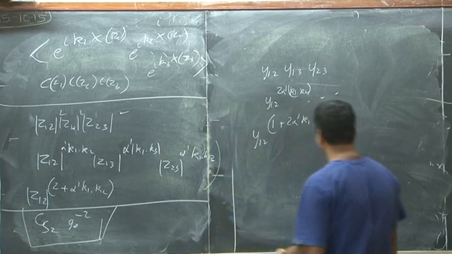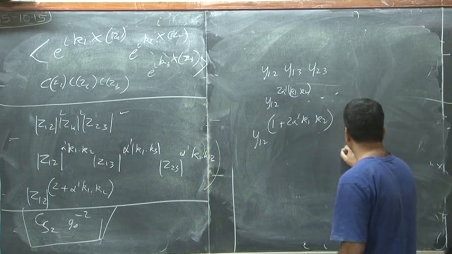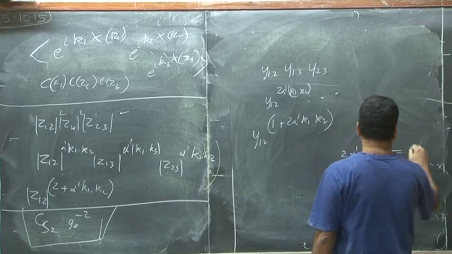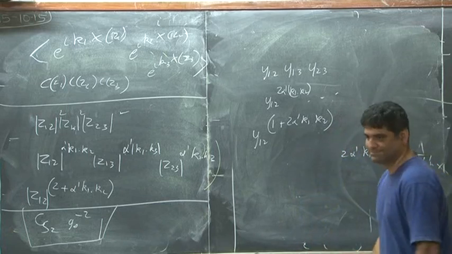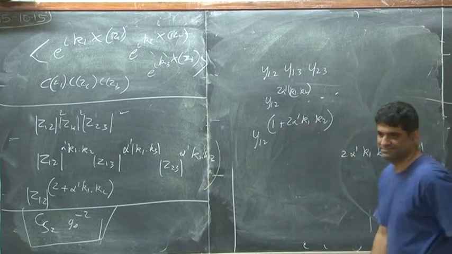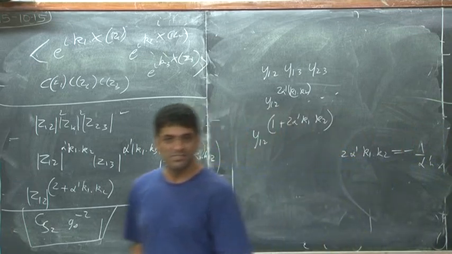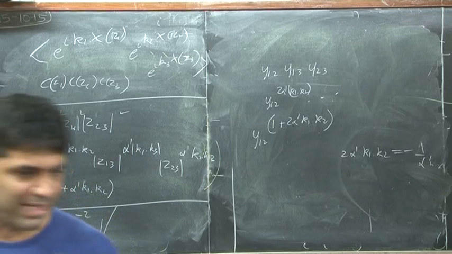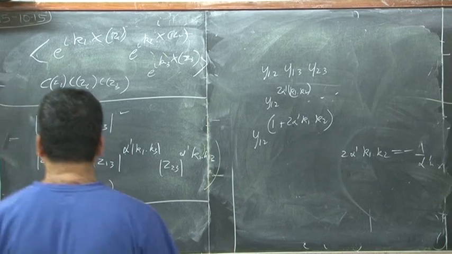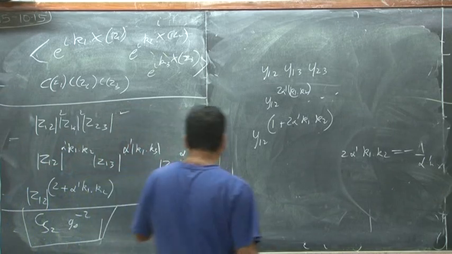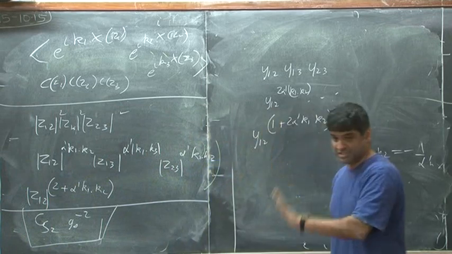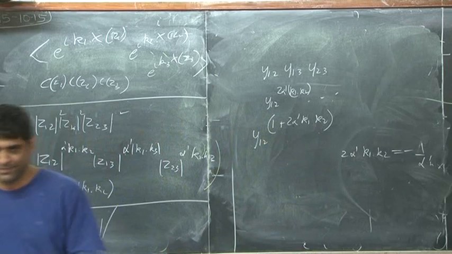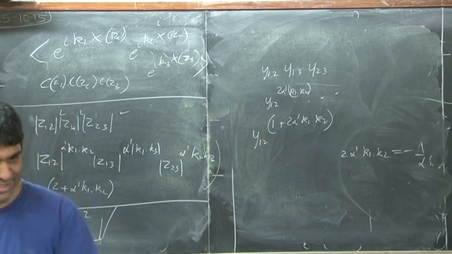So 2 alpha prime K1.K2 is minus 1. Perfect. It goes away. So the modified mass shell condition for the open string tachyons conspires in such a way that the position dependence from the hosts cancels the position dependence from the tachyon.